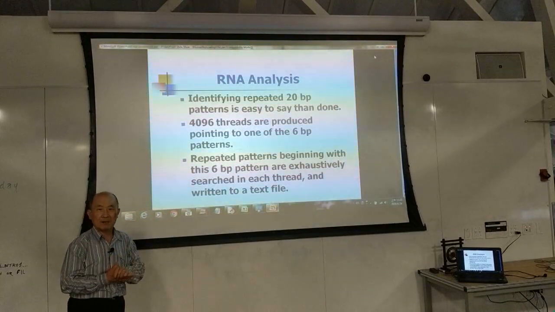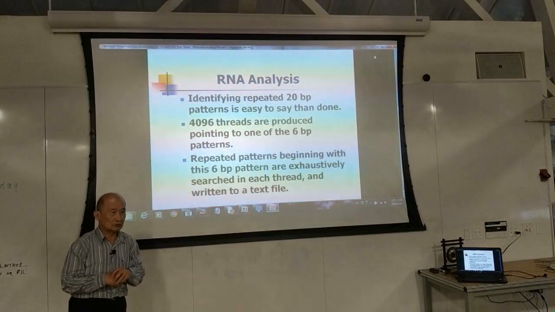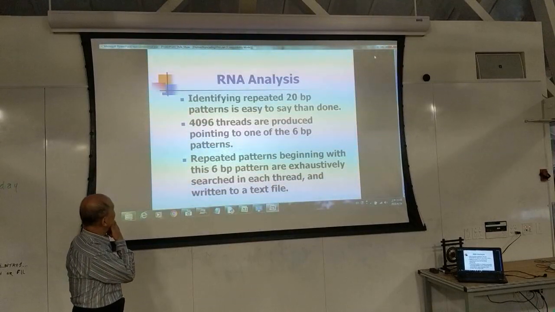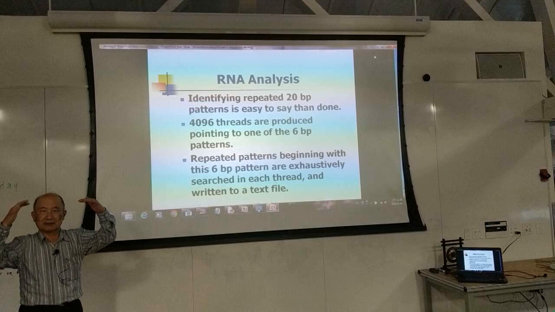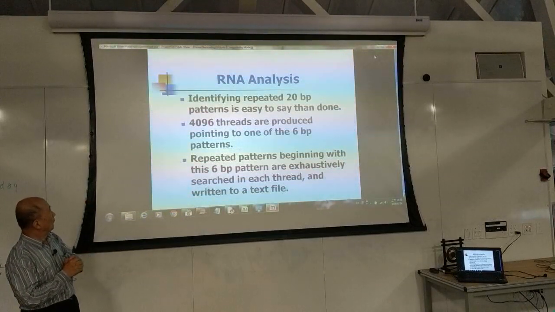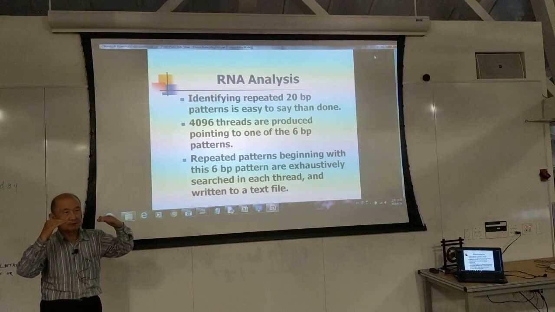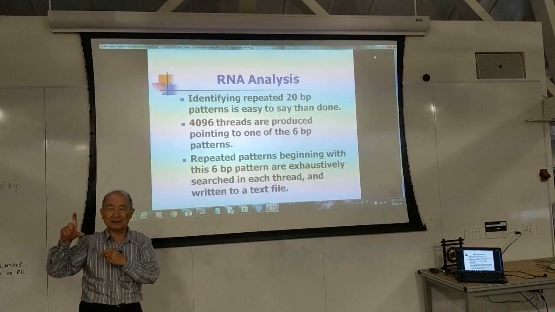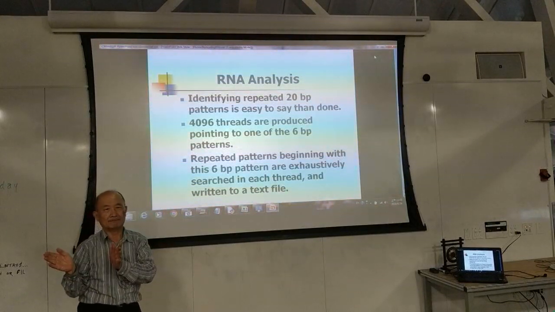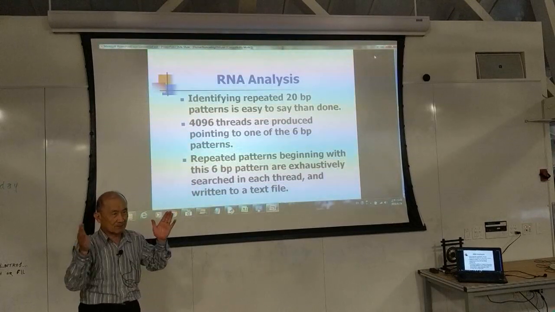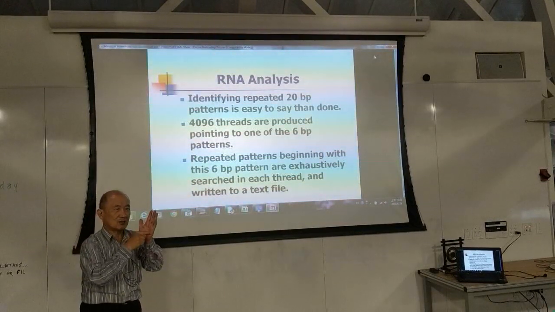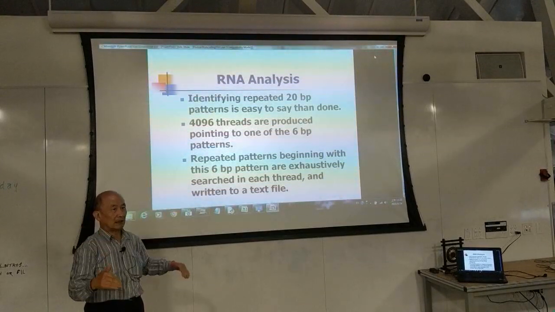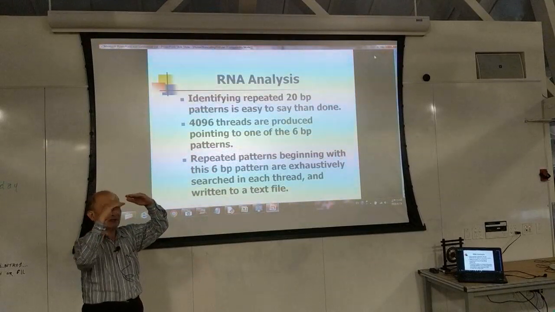So what I did was to break up the data file into 4,096 threads. Each thread is related to a 6-base pattern. So for a 6-base pattern, say A, C, G, T, A, C, I look for this pattern in the entire data file and identify each and every occurrence of this 6-base pattern.